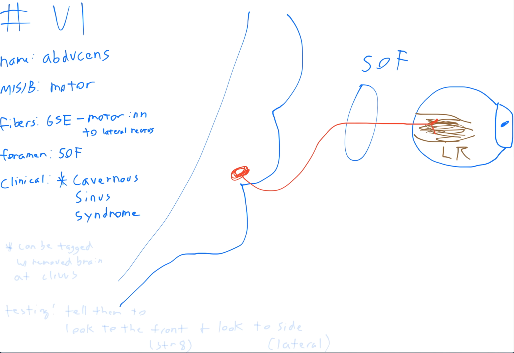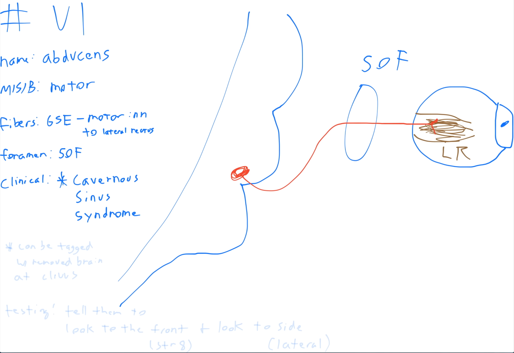Another important thing about 6 is when it leaves down here at the pontomedullary junction, it actually pierces through at an area on the skull called the clivus. Does everybody know what that is? It's that smooth area leading upward from the foramen magnum. It pierces the dura at the clivus and travels frontwards. So this is a cranial nerve that is fair to test in the skull where they've taken the brain out.